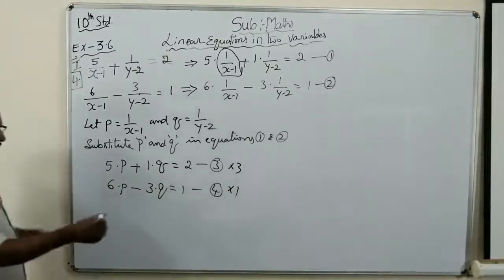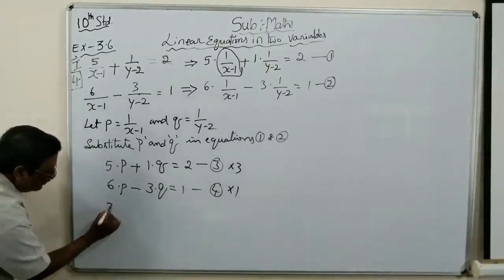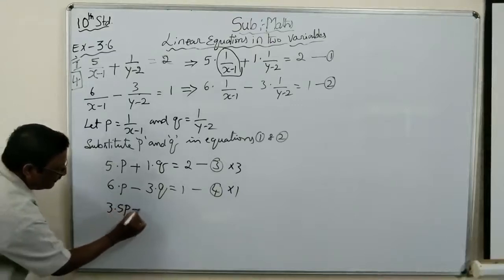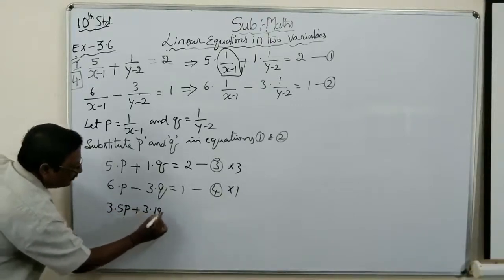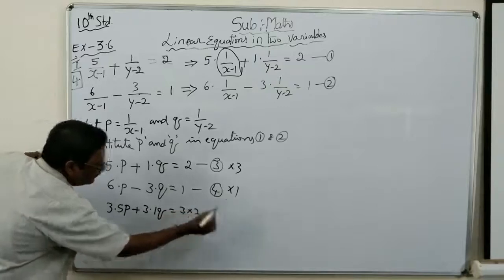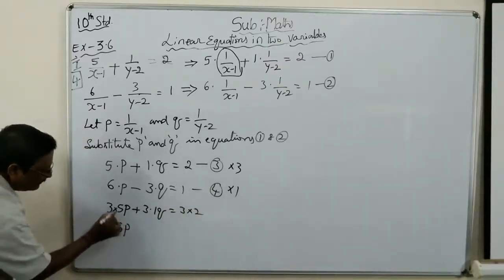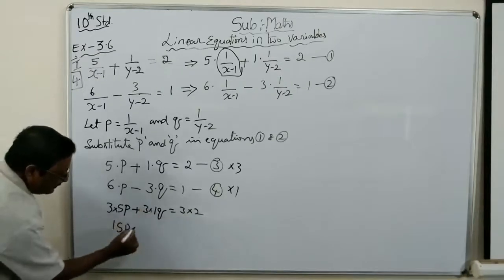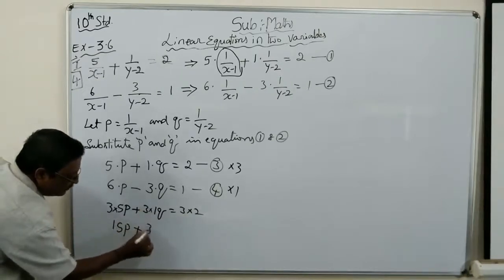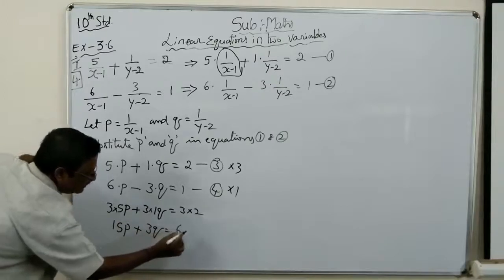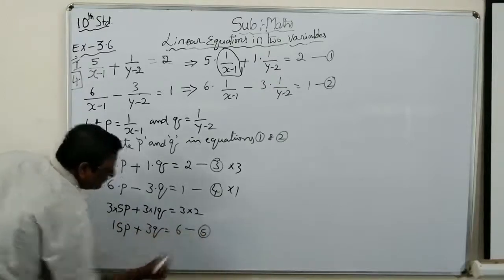See here, 3 means 3 into 5p plus 3 into 1q is equal to 3 into 2. It is nothing but 3 fives are 15p. Here 3 ones are 3q is equal to 6. This is the fifth equation.